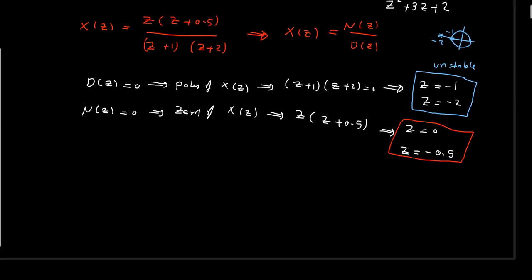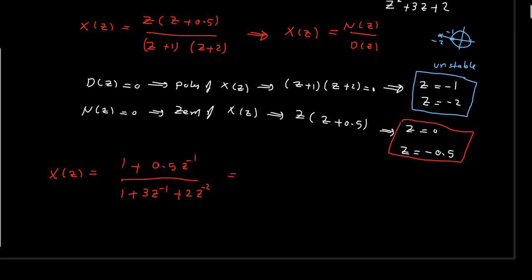So now let's assume that simply if I multiply by z minus 2, I can get x of z, which now written in terms of z minus 1 will be 1 plus 0.5 z minus 1 over 1 plus 3 z minus 1 plus 2 z minus 2.